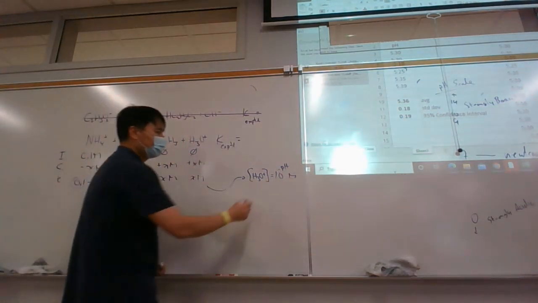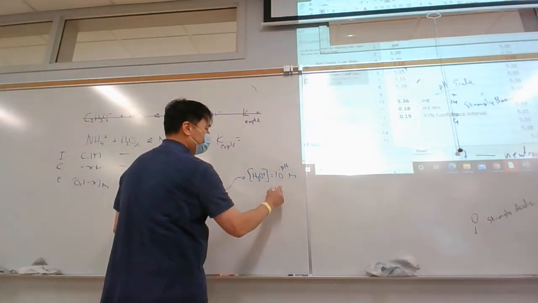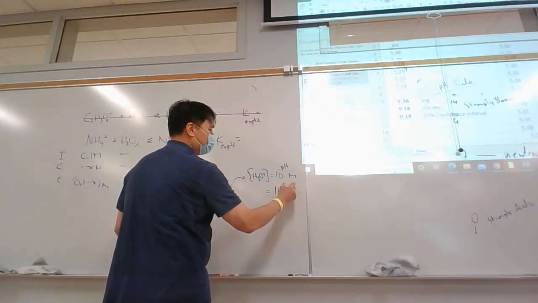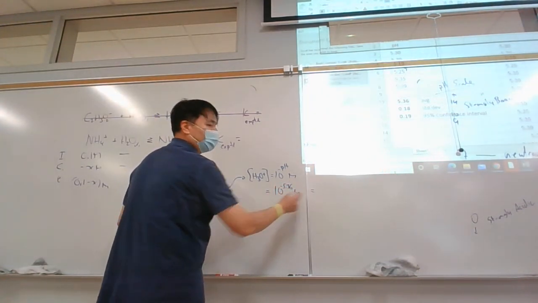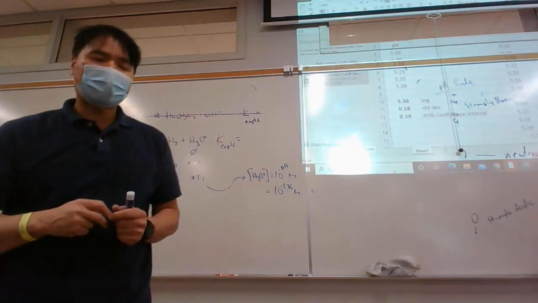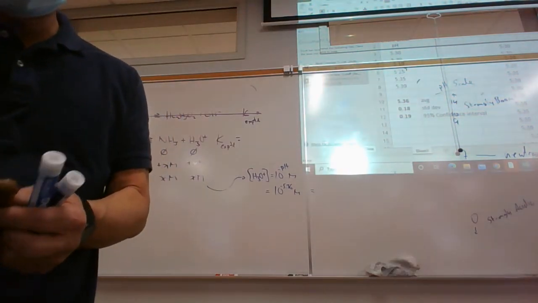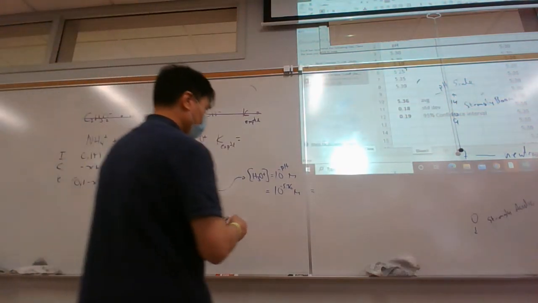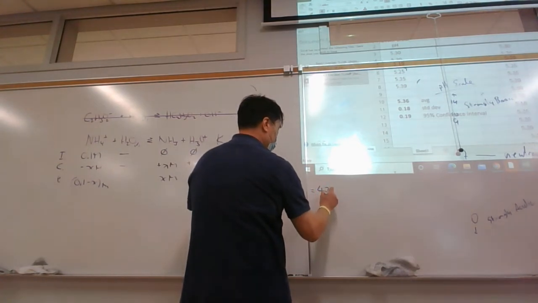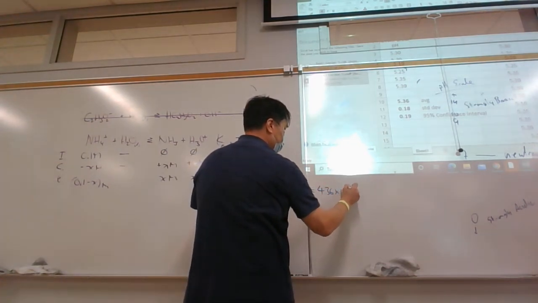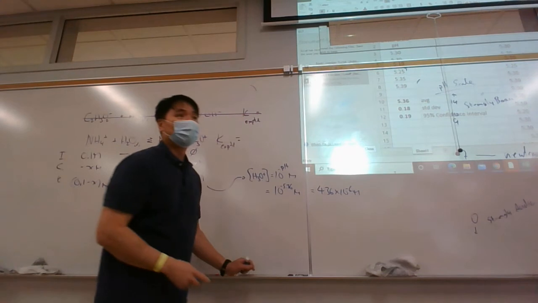And then we said, okay, that's going to equal 10 to the minus 5.36 molar. And then we punch that in our calculator. We take the anti-log of 5.36 and we came up with what? Did you write it down? 4.36 times 10 to the negative 6 molar. Okay.